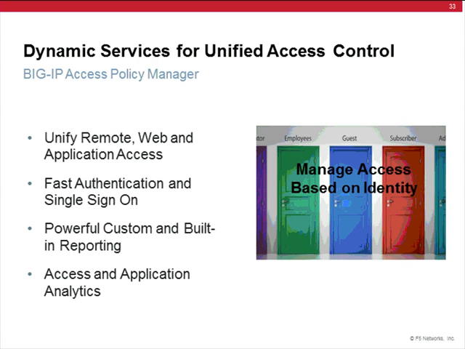So with BIG-IP Access Policy Manager, we enable unified access and control no matter what platform you're choosing. We do that by providing context for those various different users, and so you can manage access based on identity. We're unifying all the different types of access that you would need to have and control in one location.